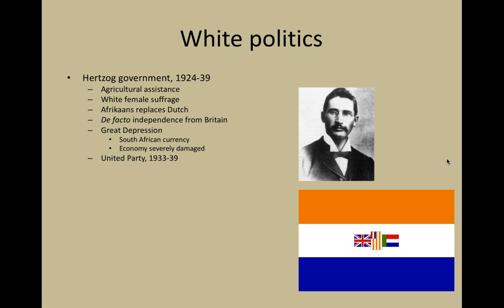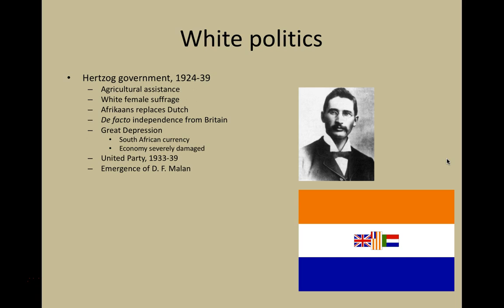They joined together to create what was called the United Party. Smuts became the deputy prime minister to Hertzog, and with him came back many of these pro-British policies. And so Hertzog was seen by many Afrikaners as tainted. This allowed one of the key figures in 20th century South Africa to emerge.